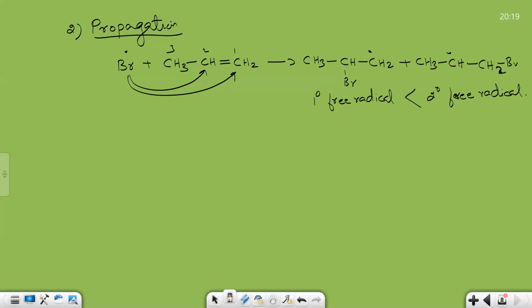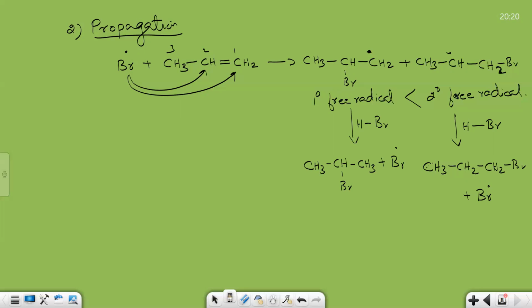Hence, this free radical reacts with one molecule of HBr to form CH3, CH2, CH2Br plus a bromine free radical. Here too, the same reaction takes place: the primary free radical reacts with HBr to form CH3, CHBr, CH3 plus a bromine free radical.